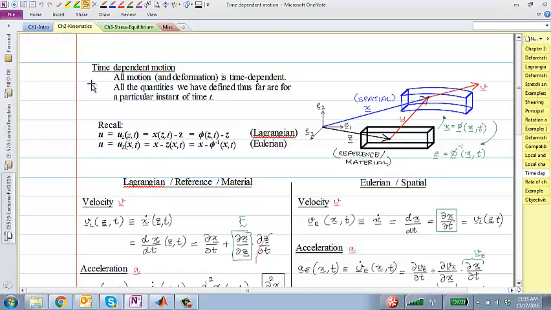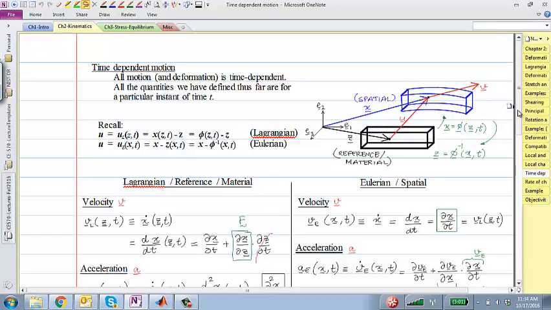So just to quickly recap, we were looking at this time-dependent motion where a body is deforming with time. We describe that in two different but equivalent ways: the Lagrangian description, which is given in terms of the original undeformed coordinates, and the Eulerian description, which is given in terms of the spatial coordinates x.